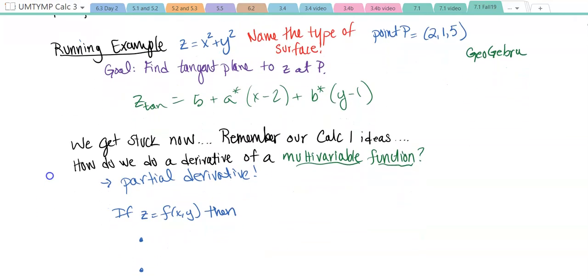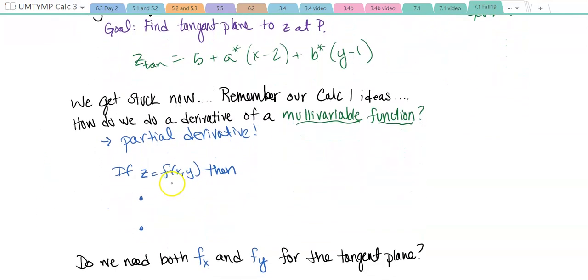If we have the function z, and z is equal to f of x y, there are two different notations. If we do f sub x, that really means we're looking at the z function and doing a partial derivative. Now we also use this thing that looks like a kind of musical note, dz dx.